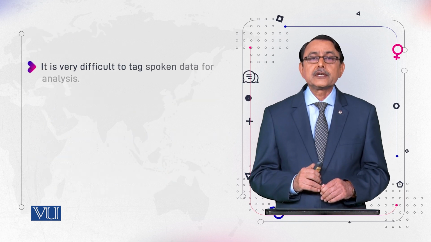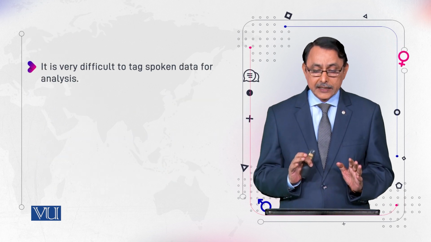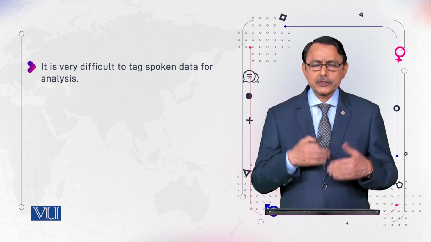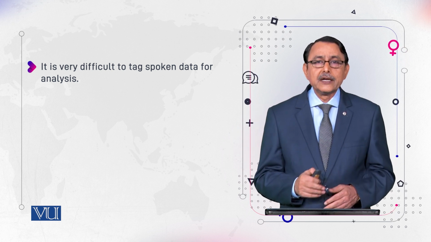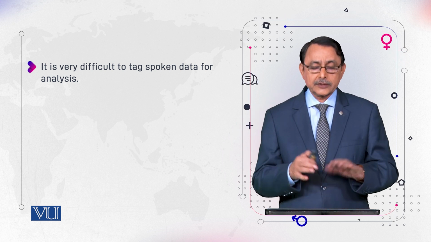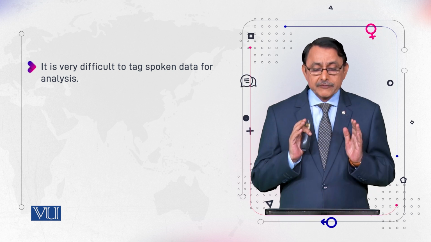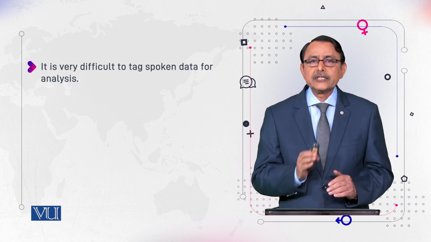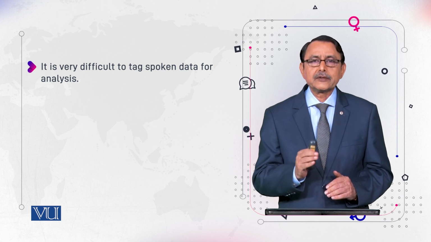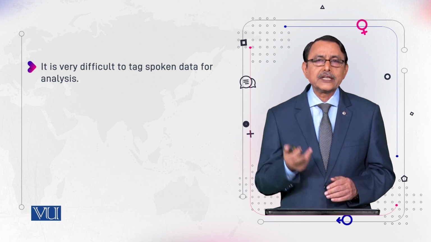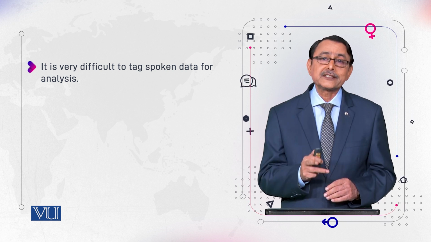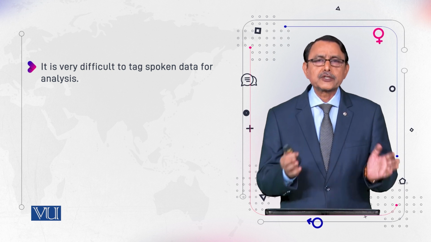It is very difficult to tag spoken data for analysis. We would talk about tagging after a short while, then I would introduce this term. So if you do tagging manually, by your own hand, as I said, you would have to translate the text. That translation involves certain symbols, punctuation.